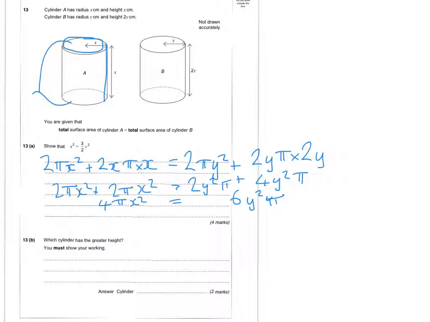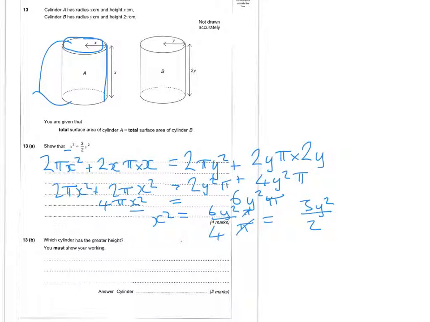So that all together we want to make x squared the subject. So x squared is equal to 6y squared over 4. And that is pi, and there's a pi there as well. The pi's cancel out. So we simplify the fraction, so we get 3y squared over 2. Thought that was going to be nasty.